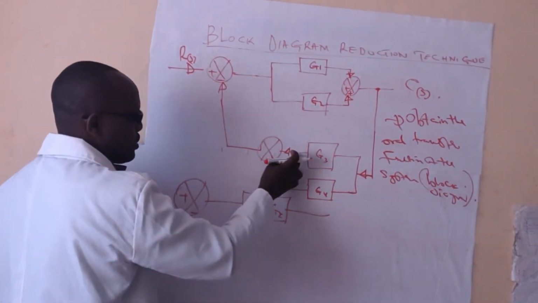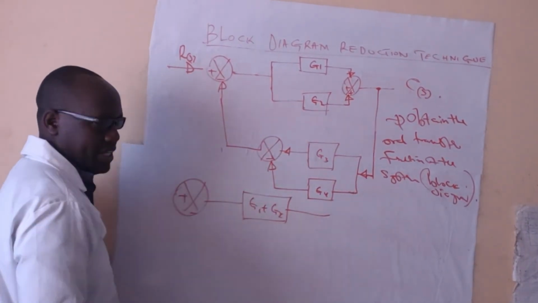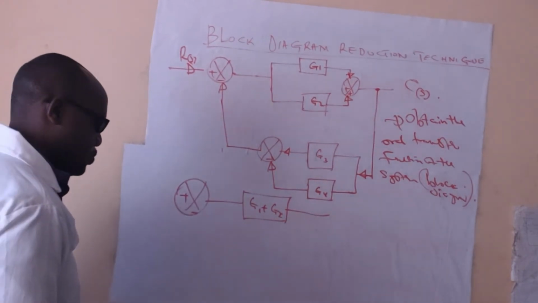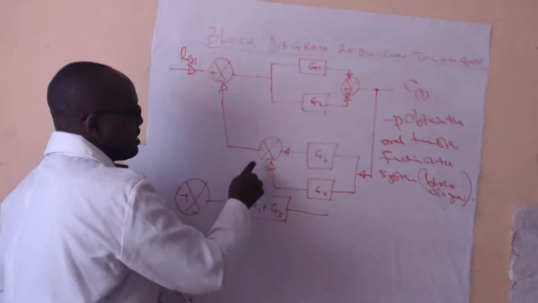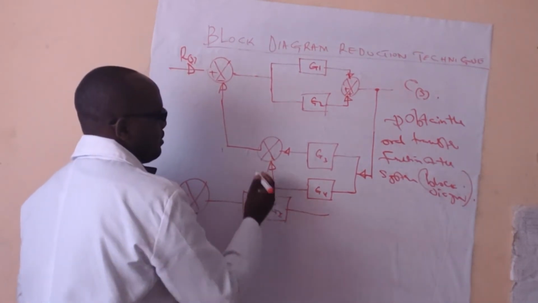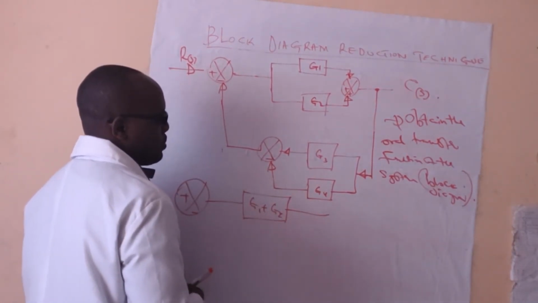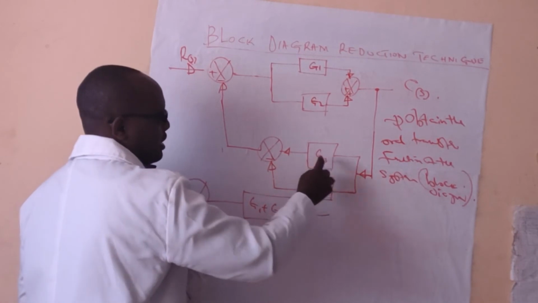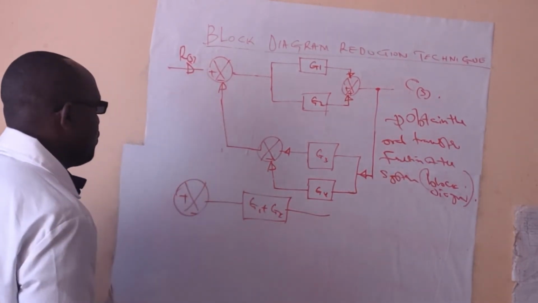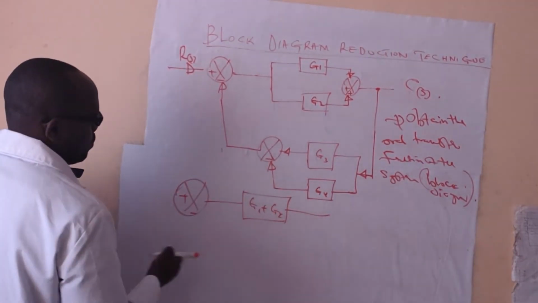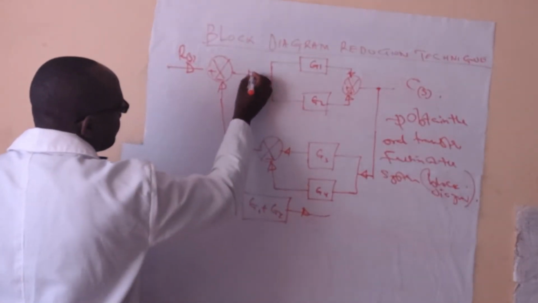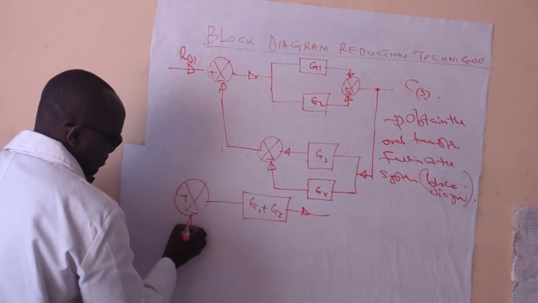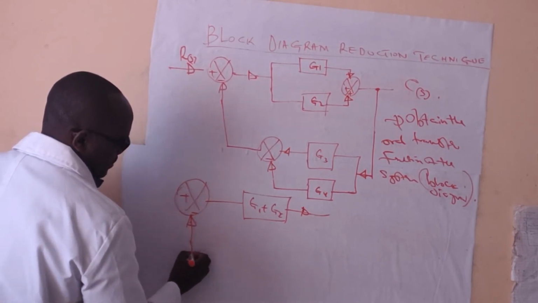Then again these two arrows are heading to the summing point. This is negative, this is negative, so we are going to say G3 minus G4, and then it goes to that summing point.